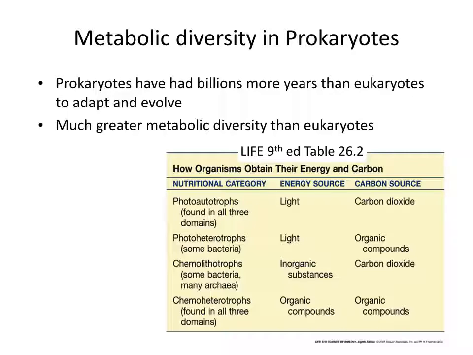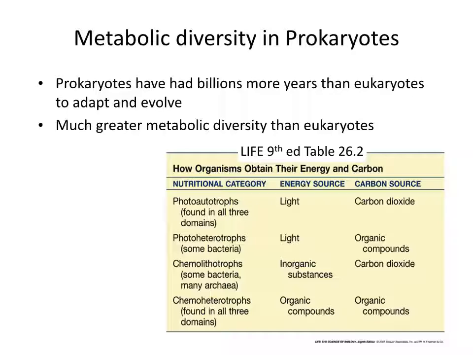So a photoautotroph gets its energy from light, its carbon from carbon dioxide in the atmosphere. That's a conventional photosynthetic organism that we'll talk about more, but it should be familiar. A photoheterotroph gets its energy from light, but it's going to get its carbon from other sources in the environment, organic compounds. So it's essentially made by other organisms, ultimately other autotrophs. So a heterotroph gets its carbon by eating other stuff.